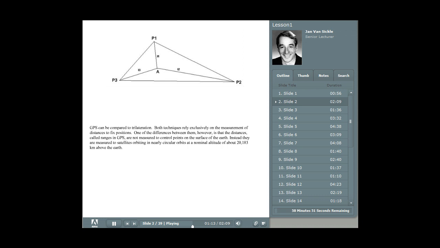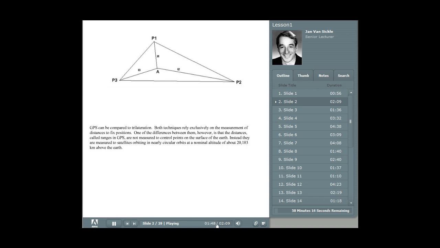But there are some similarities between this image of terrestrial surveying and the GPS procedure. One thing is that the distances need to be paired with their correct control point. Another is that the distances measured electronically are based upon the speed of light, the speed of electromagnetic radiation, and the amount of time that the signal takes to go from the control point to the unknown point and back in some cases, although GPS is one way.